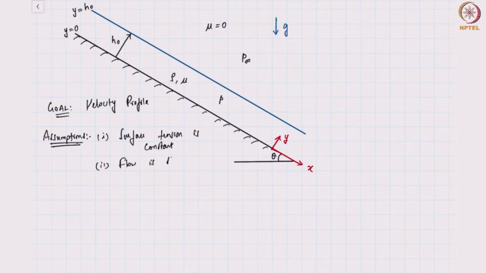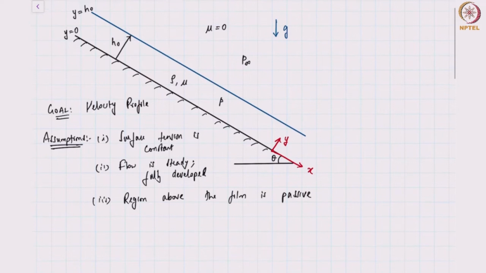Two, flow is steady. It's also fully developed. And three, the region above the film is passive.